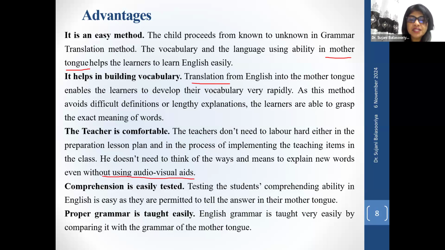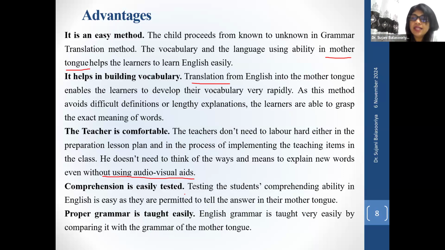These supplementary materials or teaching aids are not focused here. The only focus is teaching grammar through translation. So in that sense, additional work is not there for the teacher. That is why the teacher is said to be comfortable. Additional burden, additional workload, is not available. And then comprehension is easily tested, another benefit.